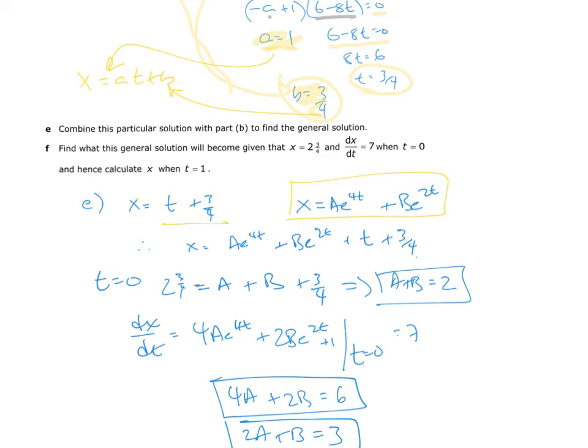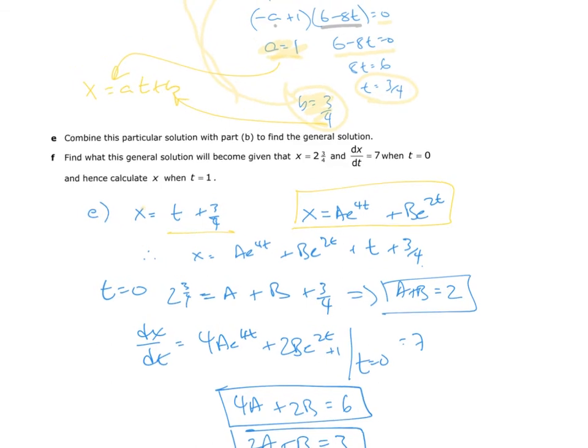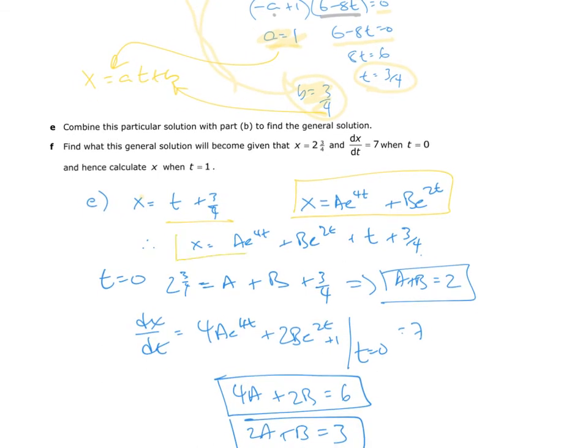I am going to add them together because that's what was happening to the general solutions, and this is my equation when I add them together. When t equals 0, I'm told that x is 2. 3/4 is equal to, I plug 0 in for all these, and so I get this equation, so that means a plus b is 2.